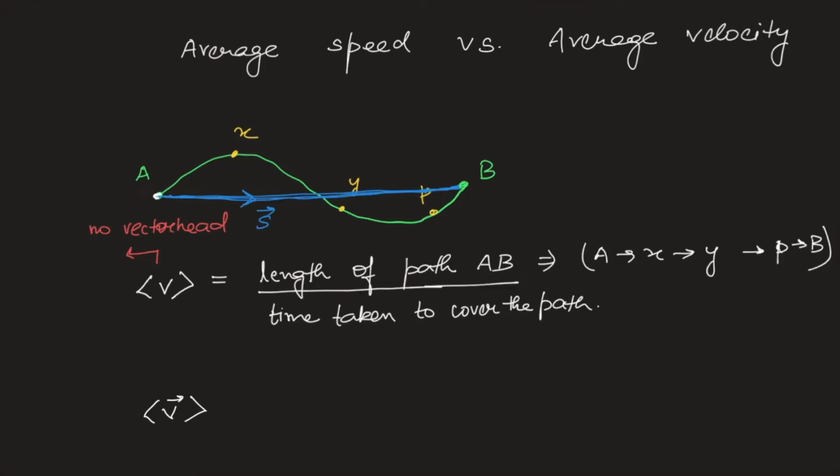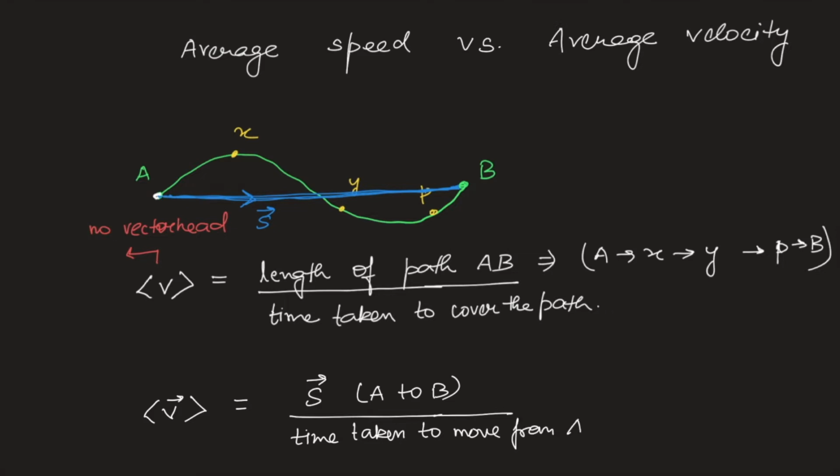The displacement from A to B divided by the time taken to move from A to B. And this is the main difference between average speed and average velocity.